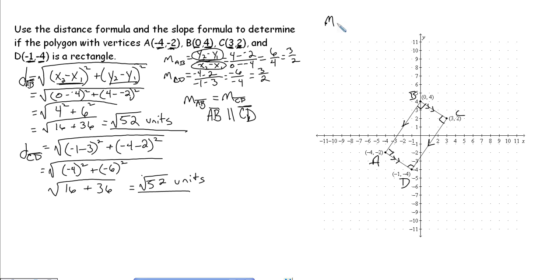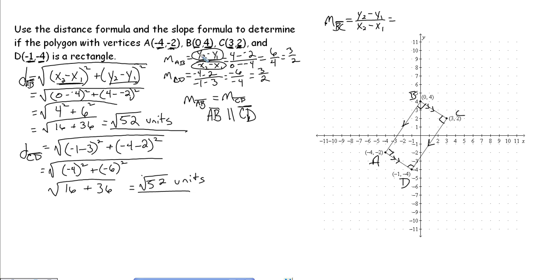And we're going to have to find the slope for another reason, but the slope of line segment BC will equal, again, our slope formula, y sub 2 subtract y sub 1 all over x sub 2 subtract x sub 1.